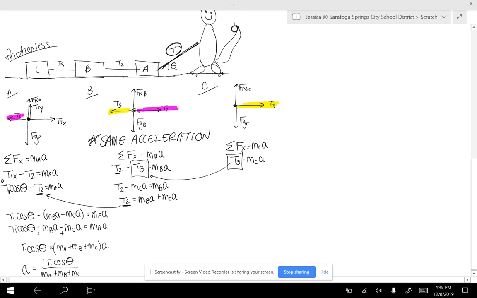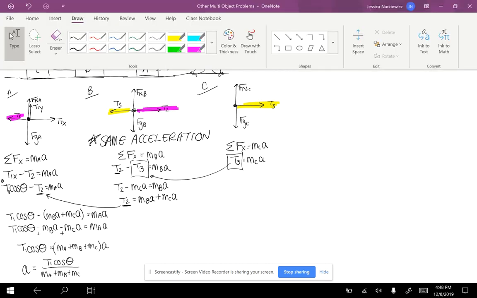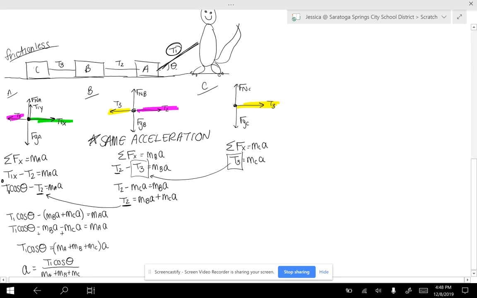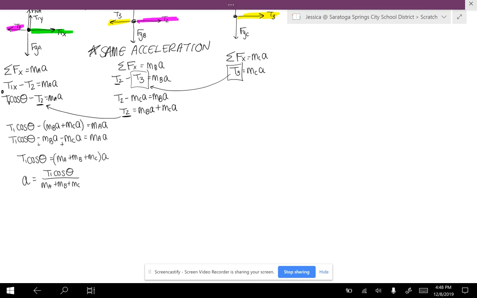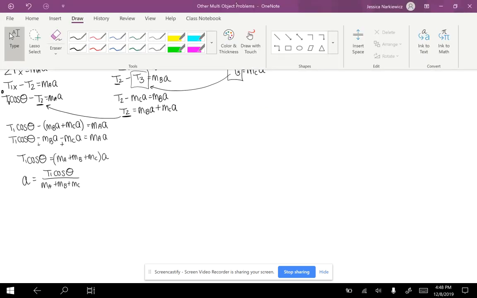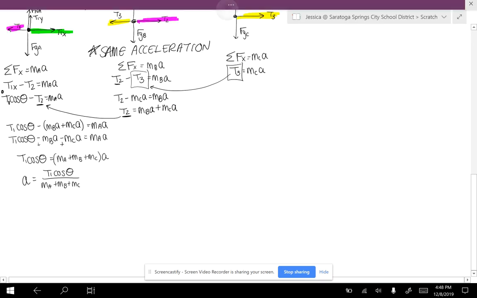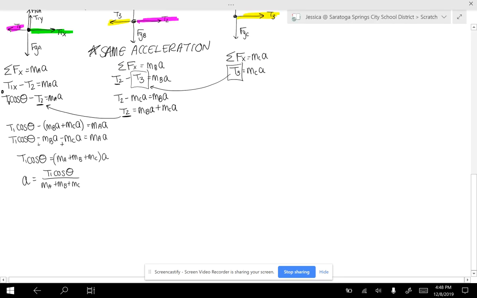So the only force that we're left with in that x direction to cause a net force is T1x. Okay? Remember, for any system, the acceleration for any system is the net force over the total mass. So that's what we are left with.